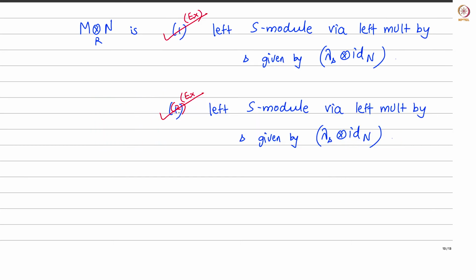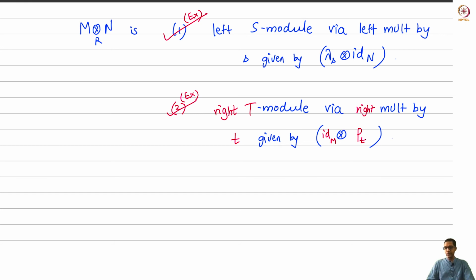Check that this becomes a right T module via the right multiplication by an element T given by the other map, which is identity tensor right multiplication by T. So you define left and right multiplication by elements of S and T using these maps, and then you have to show that the left S module axioms and the right T module axioms are satisfied.